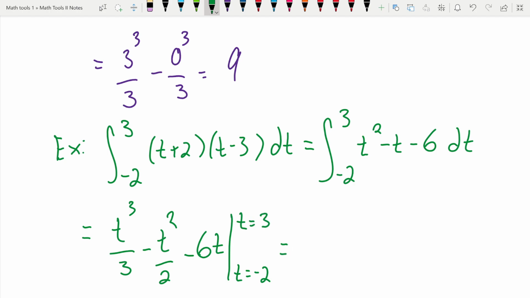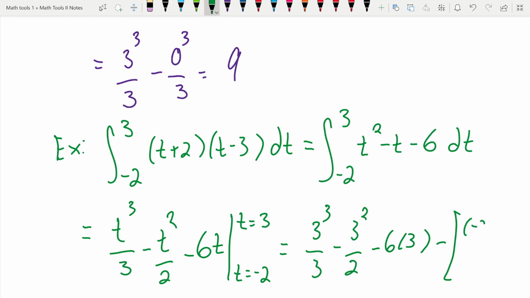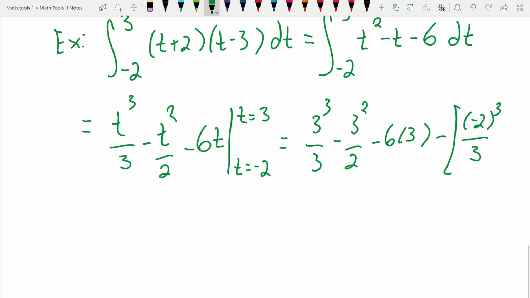So this is going to be 3 cubed over 3 minus 3 squared over 2 minus 6 times 3. And then minus, maybe it's good to put this in parentheses because you're subtracting the whole thing, -2 cubed over 3 minus -2 squared over 2 minus 6 times -2.